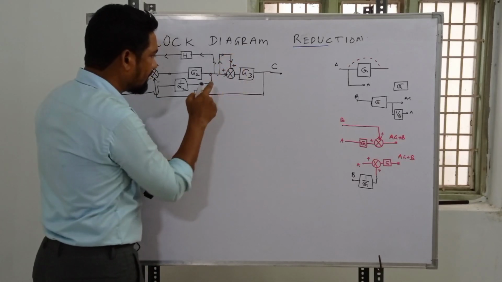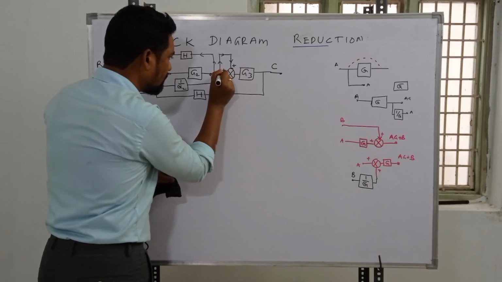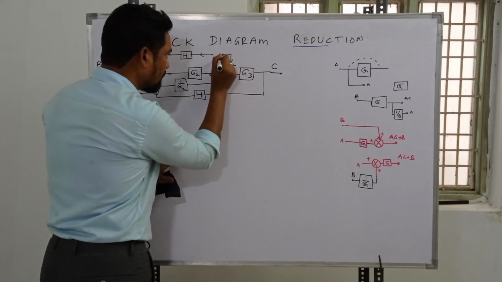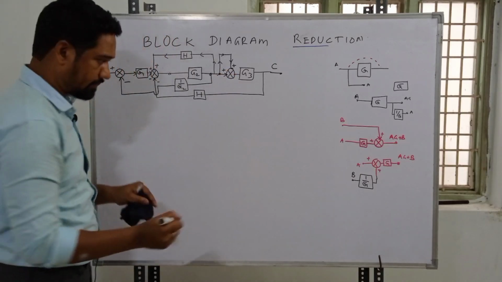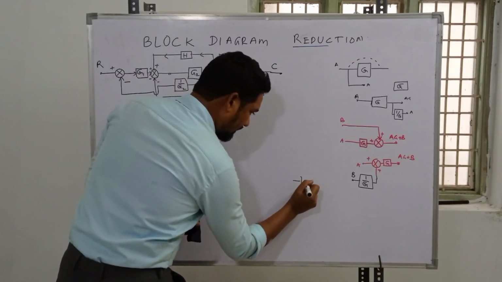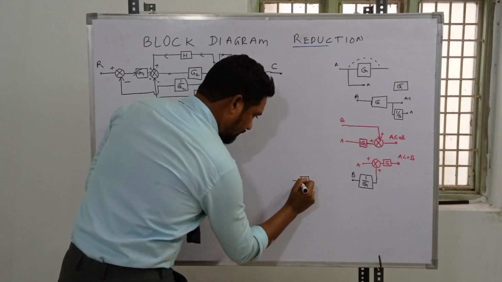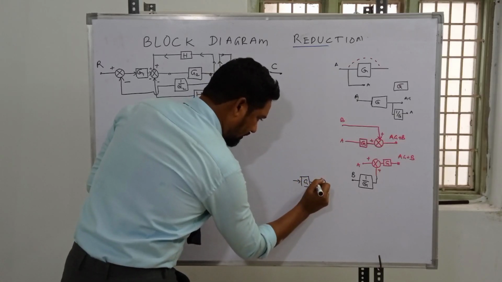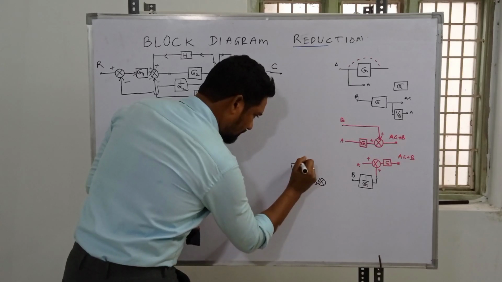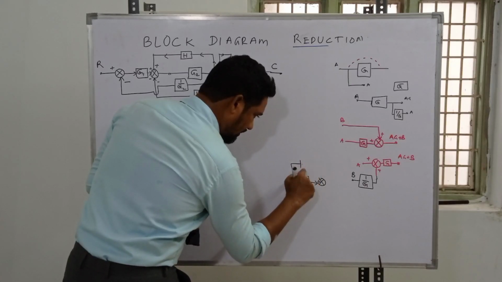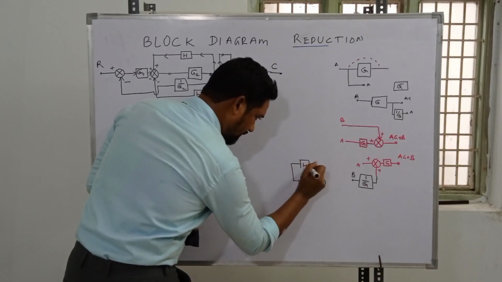After this node, the signal is flowing ahead. We had G flowing in this direction, a summing point, and another signal, let this be H.